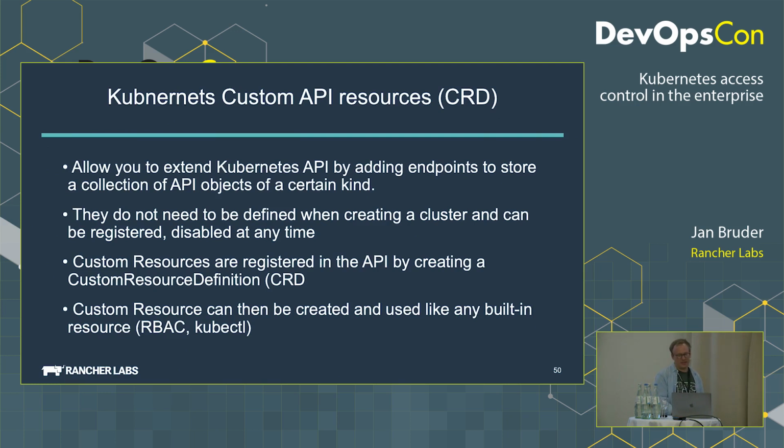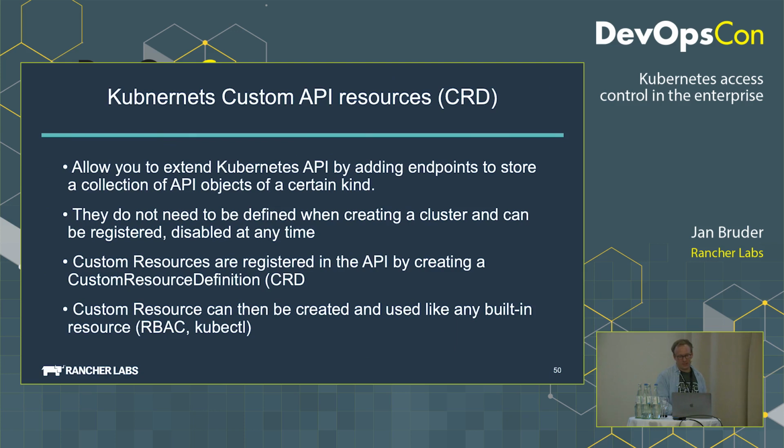And we use this heavily in Rancher. Rancher actually doesn't use a data backend like MySQL or some other database. We store all our configuration, all our state, in the Kubernetes API. That means we are storing it in etcd, the key value store of Kubernetes.